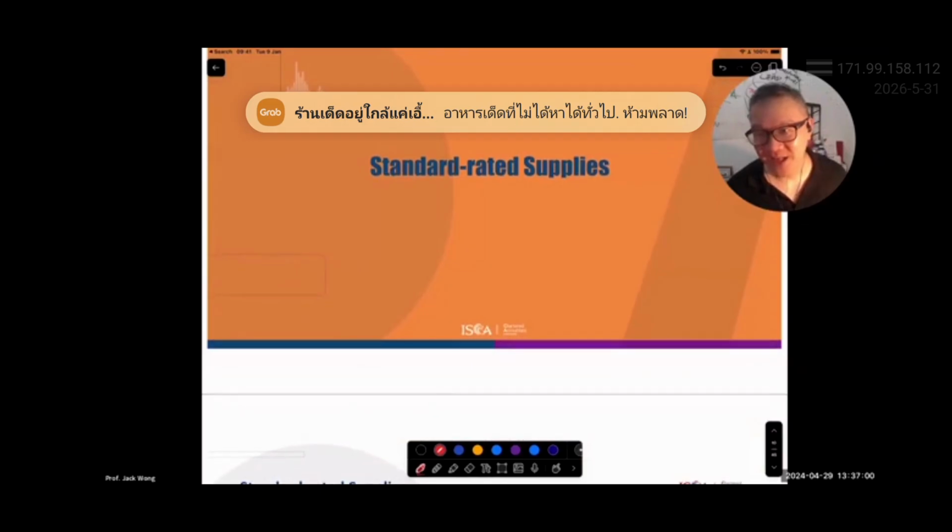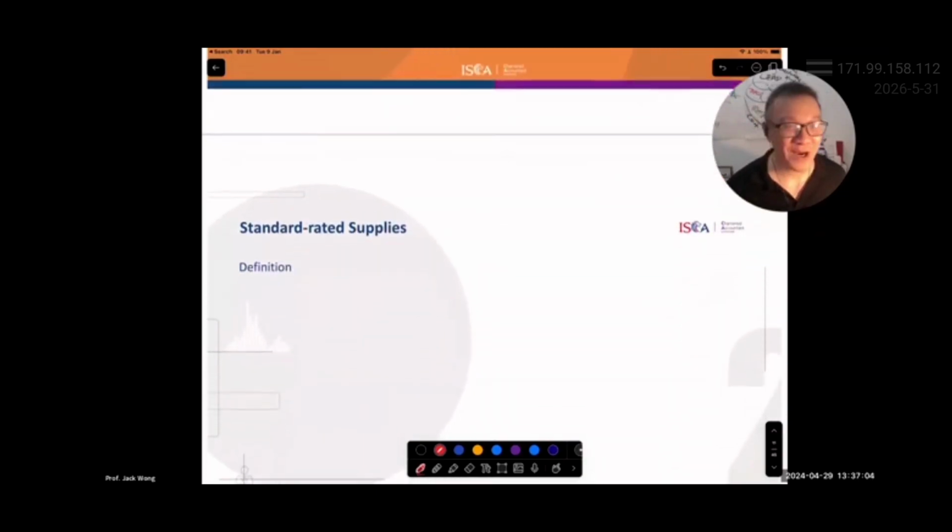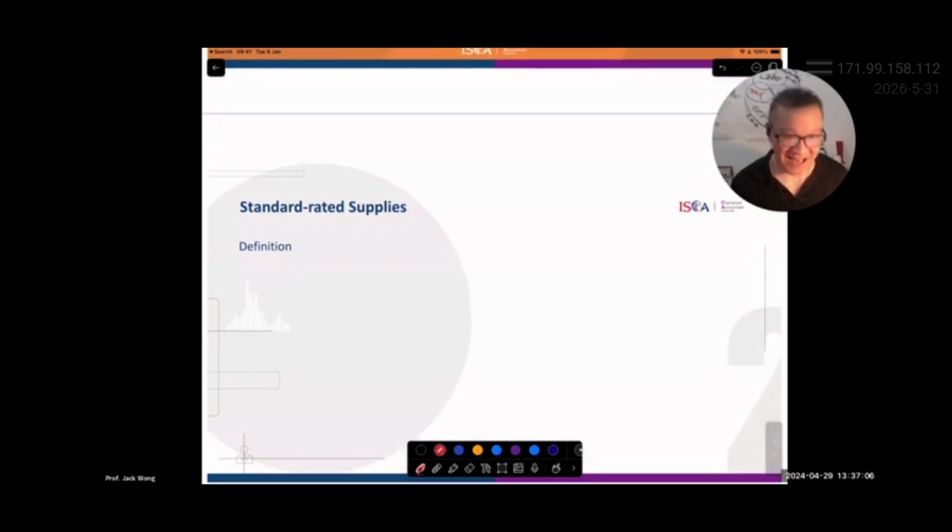Okay, so standard rated supplies, as you can imagine, are supplies that come with, right now, a 9% GST. We used to have 7% two years ago at the time of recording. We had the GST rate at 7% from 1st of July 2007 all the way to the last day of 2022.